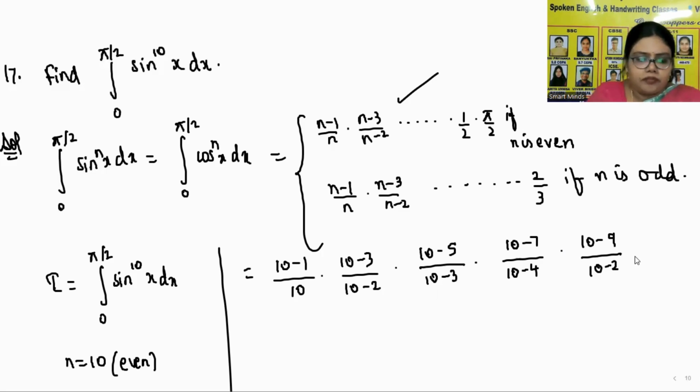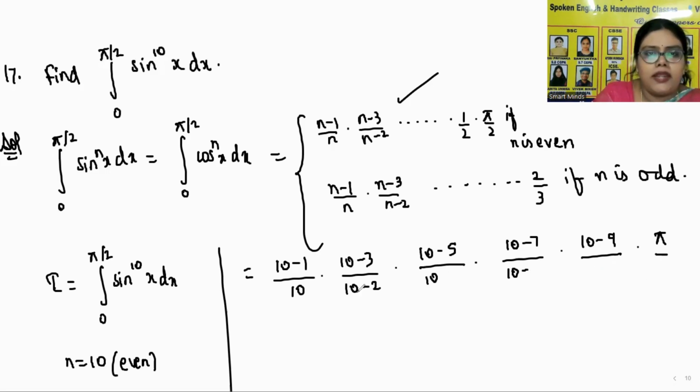And so on. So here we are getting 1 by 2 and over here pi by 2. One minute. Here 10 minus 2 and here 10 minus 4.